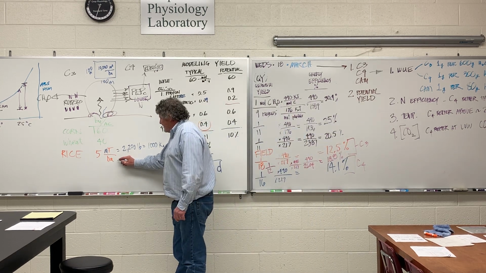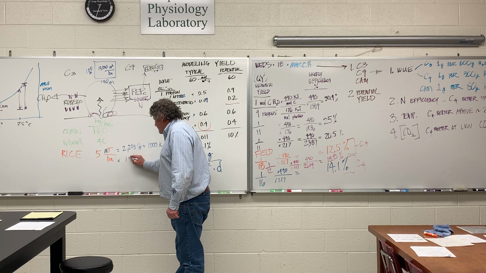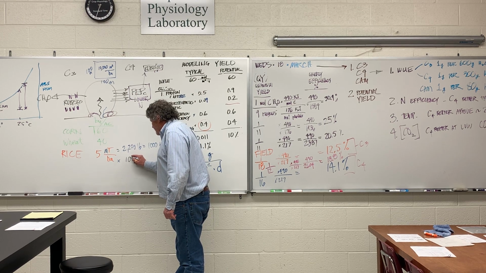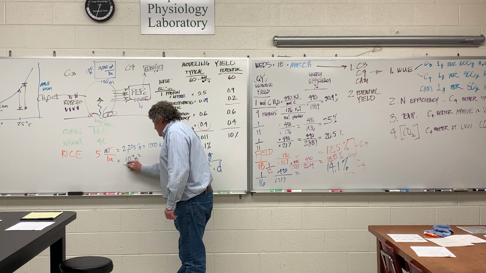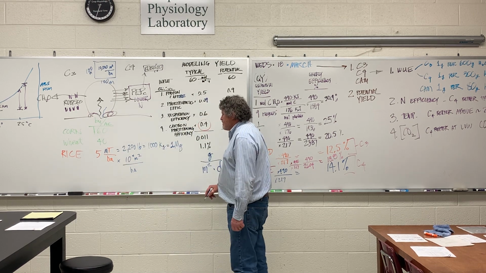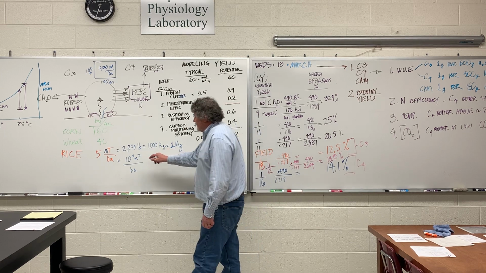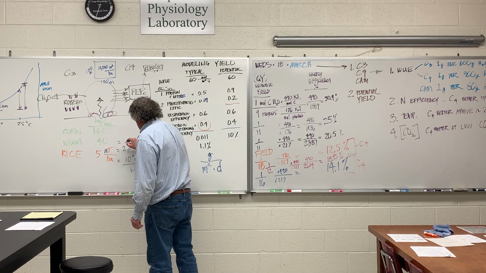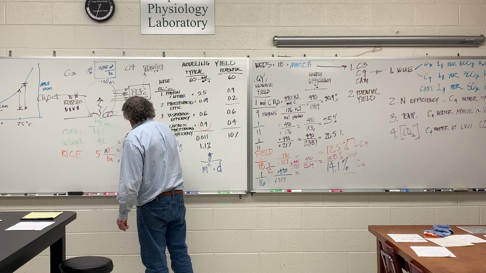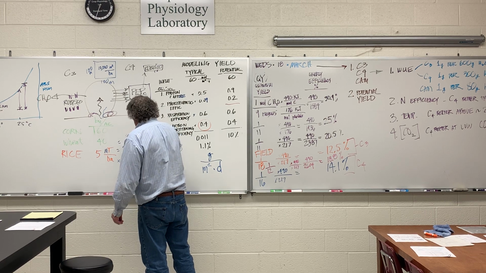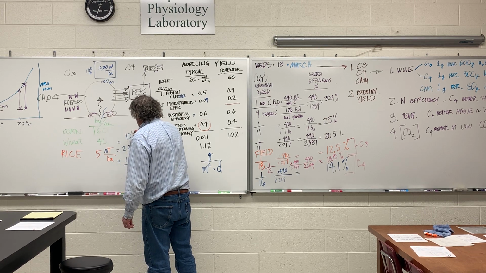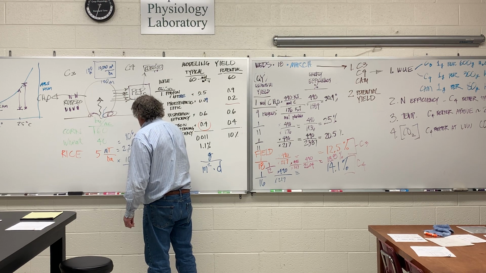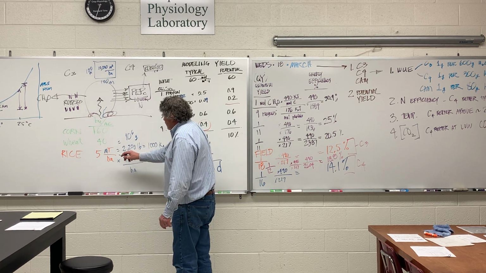So here we end up with 10 to the 4th meters squared per hectare. And this right here in the denominator is 1 megagram, which is 10 to the 6th grams.